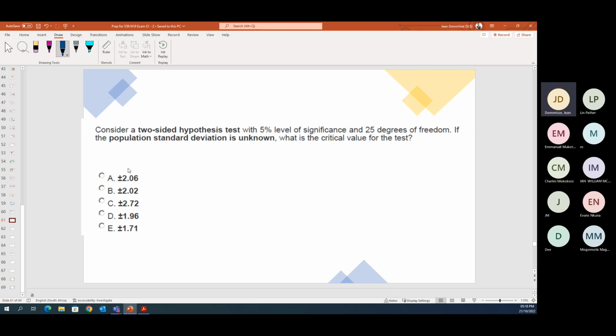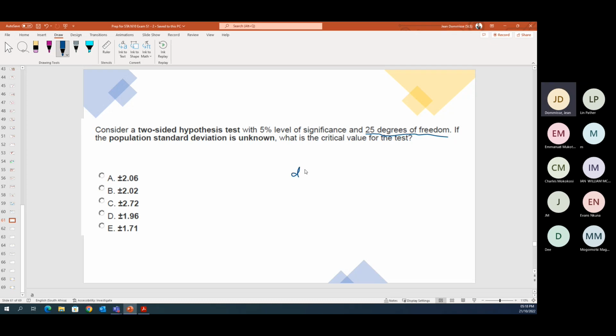Again, very interesting. Here we talk again about hypothesis tests, but again they want something else. Consider a two-sided hypothesis test with 5% level of significance and 25 degrees of freedom.